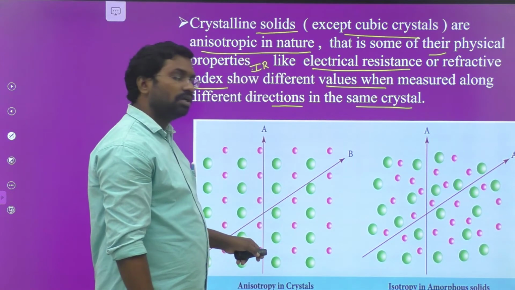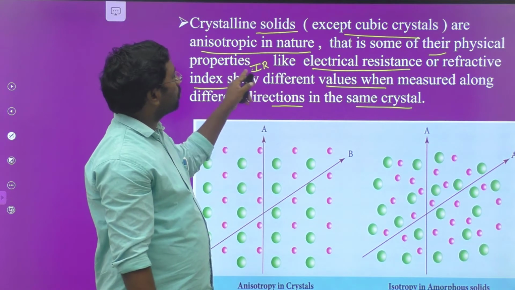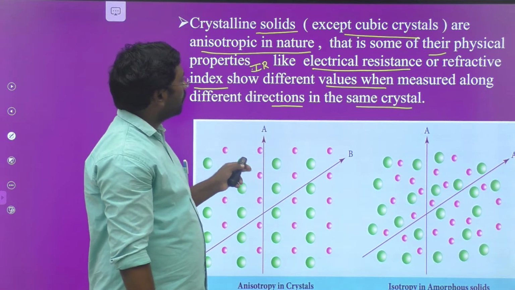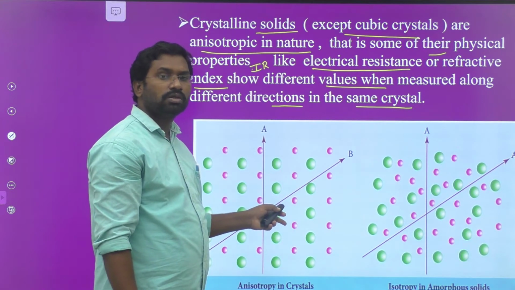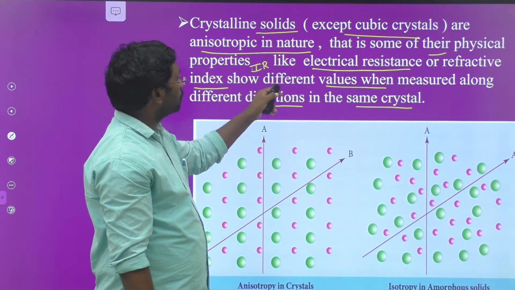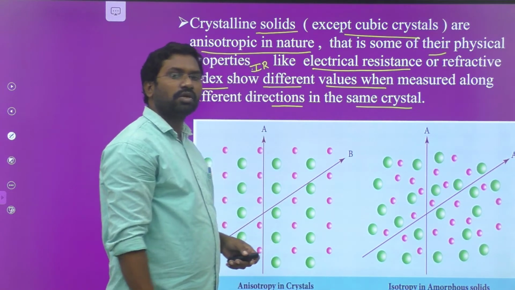In the case of crystalline solids, we calculate physical properties like electrical resistance or refractive index over the entire crystal, and that gives different values. This is in the case of crystalline solids.